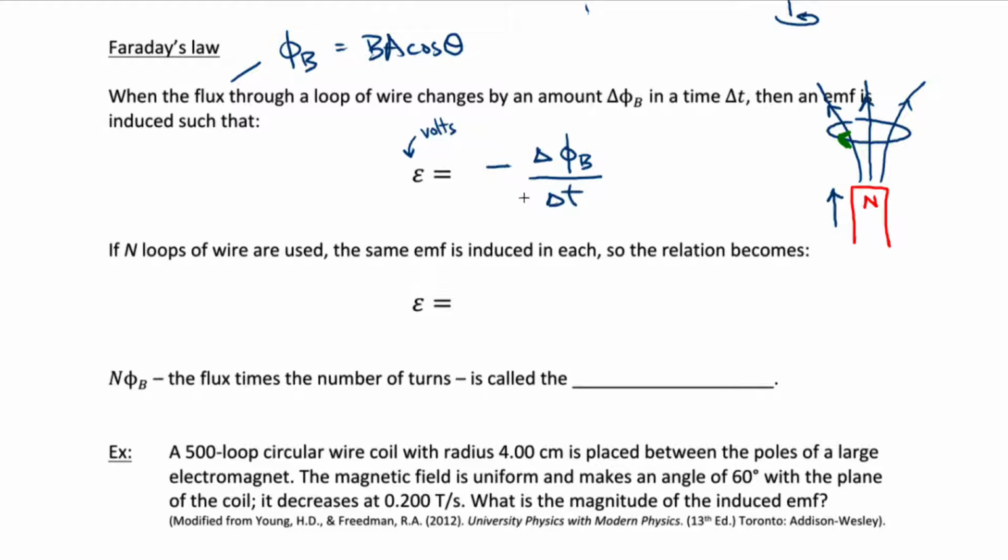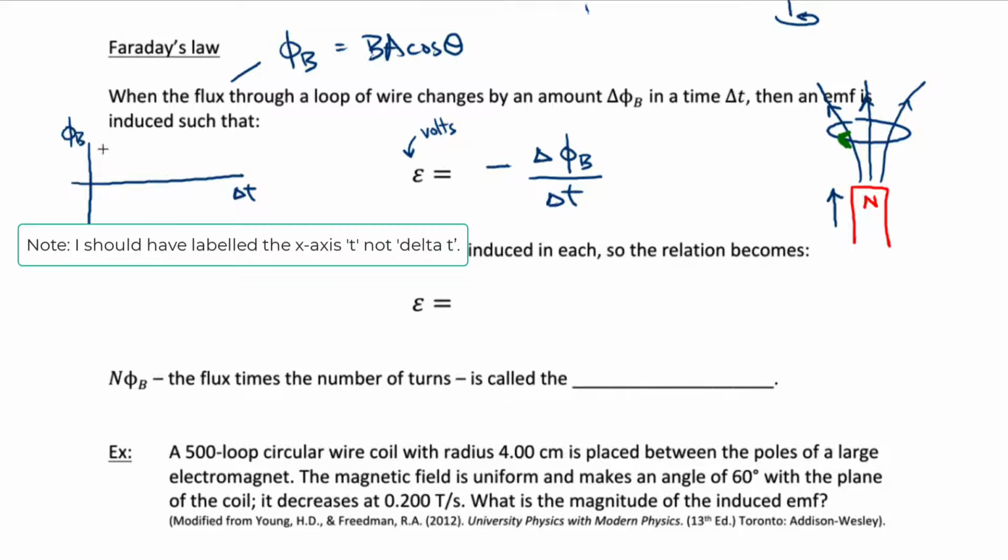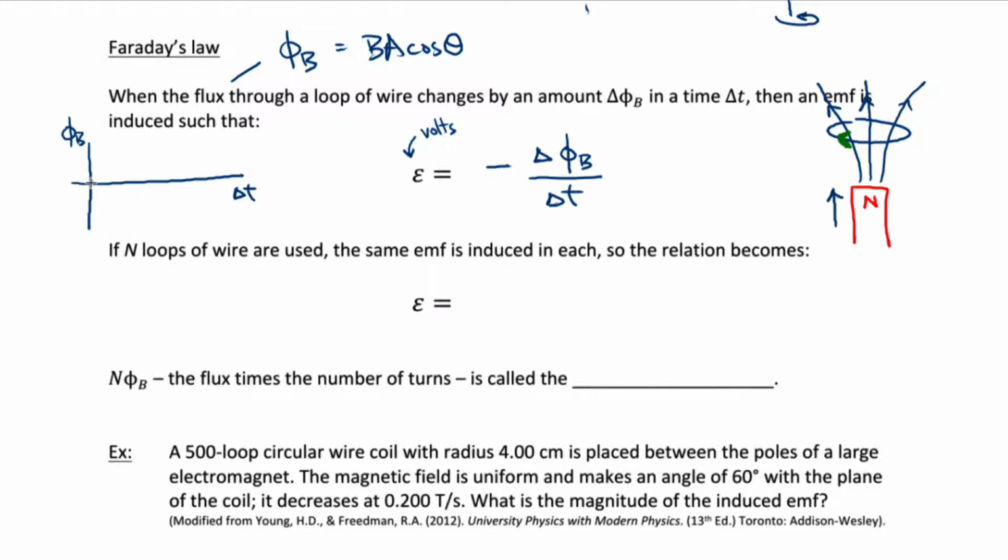So this is saying that if we change the flux by more or faster, we're going to get a bigger EMF. If you want to think about it this way, if this is a graph of the flux through a loop of wire, again that's equal to B A cos theta, as a function of time, and let's say that it was sinusoidal, and we'll see in a future lesson that it often is sinusoidal, then what this is saying is that if I were to take the slope of this graph at any point, then the negative of that slope, because of this negative sign here, would be equal to the EMF that is being generated by this changing flux at that moment in time.